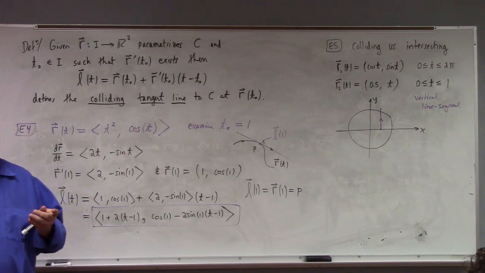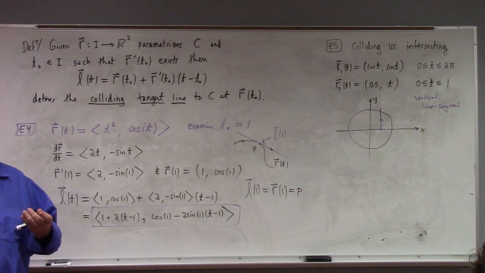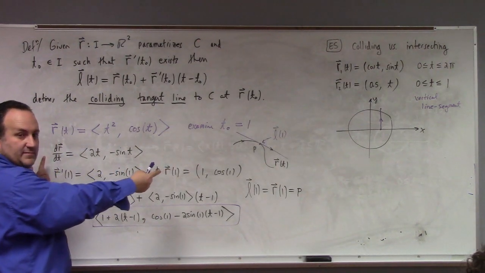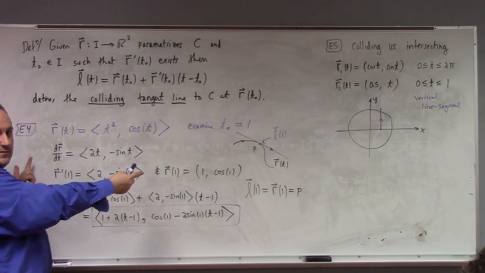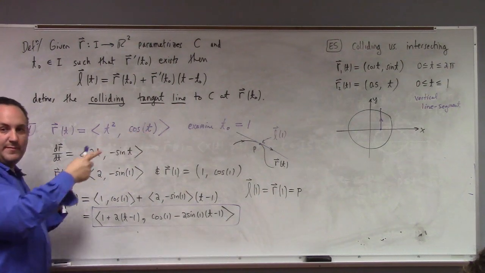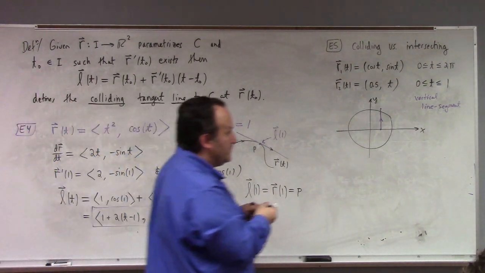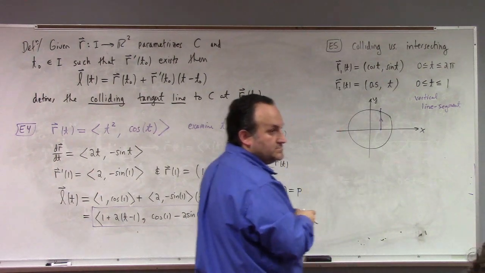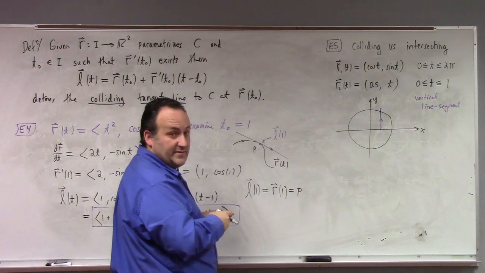These curves are definitely intersecting. By the way, these curves were also intersecting in my example 4. But are they colliding? What do we mean by colliding? So they intersect right here. How could you find out what time that happens at?